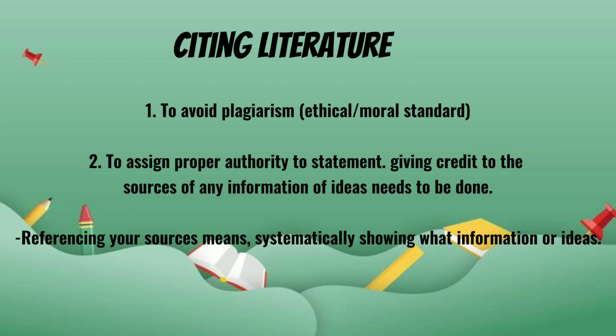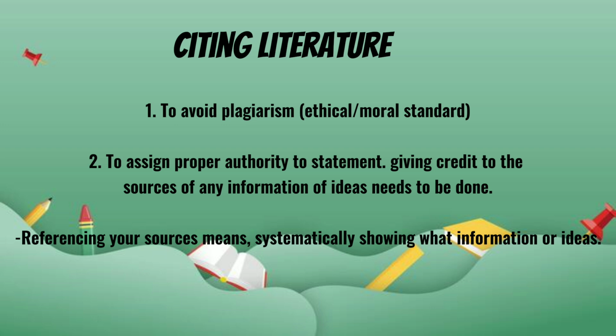Citing literature. If you are writing your review of related literature, you need to paraphrase the text that you want to use and make sure that you cite the authors and the date when the research was published, and make sure to paraphrase their study to prevent plagiarism.